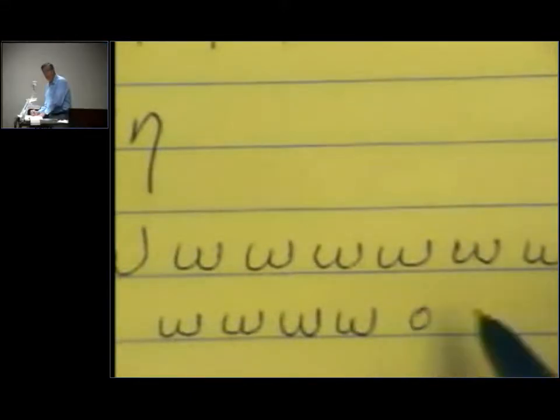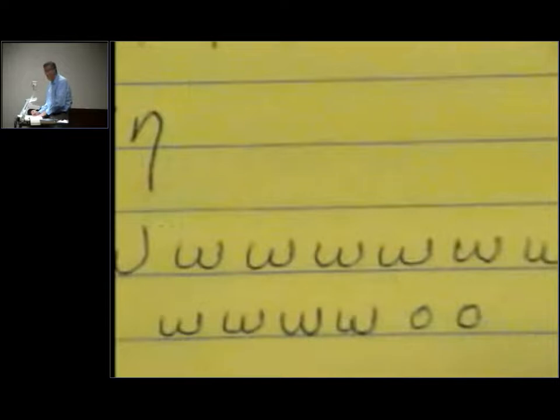Now this letter is usually O. It's usually not that long, it's more like A. But these two can be both O as well. I'm sorry, they can sound alike.